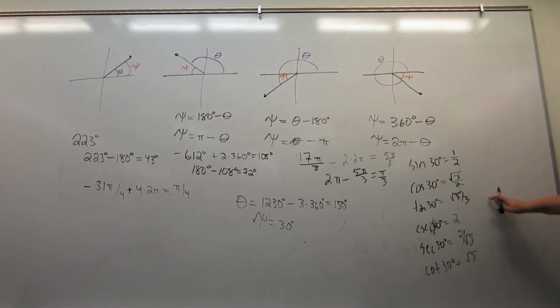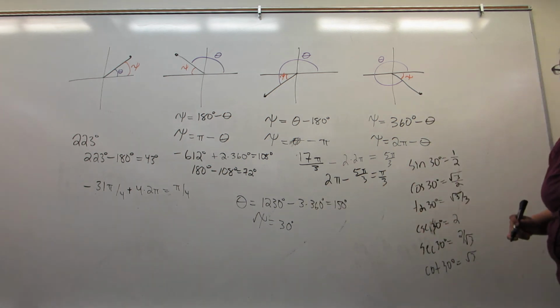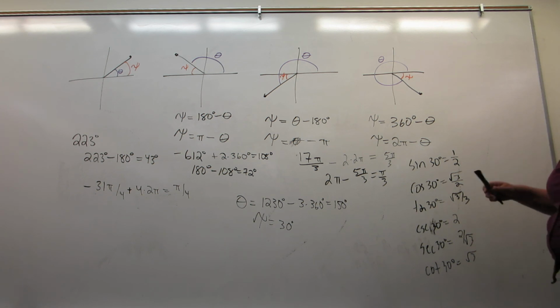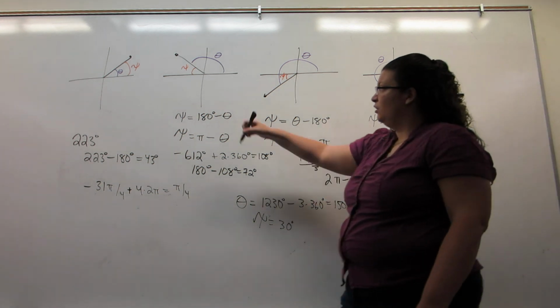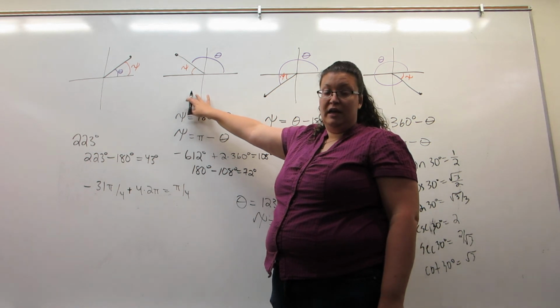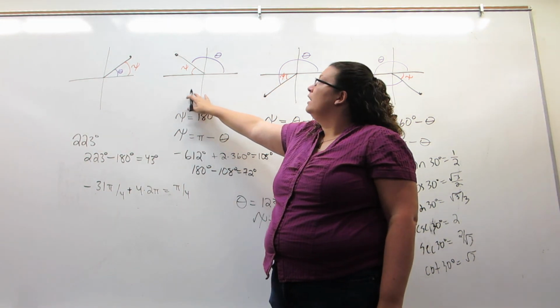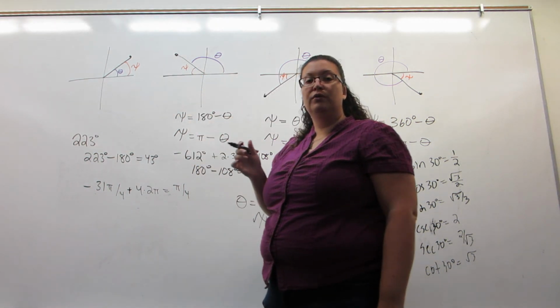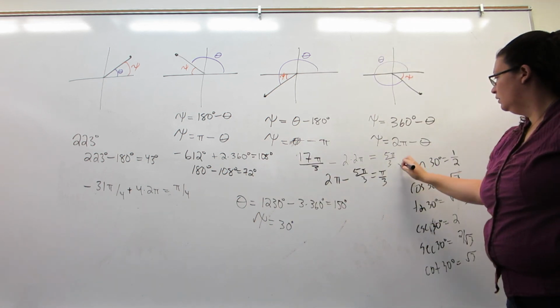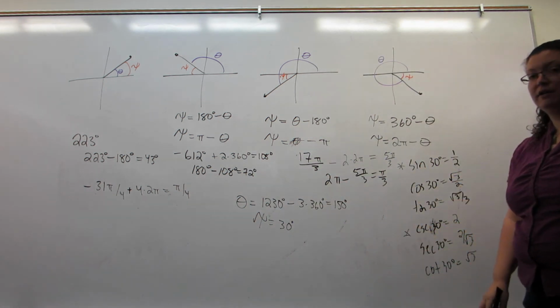Now, to turn these into the trigonometric functions of our actual angle, all I have to do is go through and add negative signs. We determined that this angle was in the second quadrant. And in the second quadrant, it had the letter S, meaning only sine and therefore cosecant were positive.